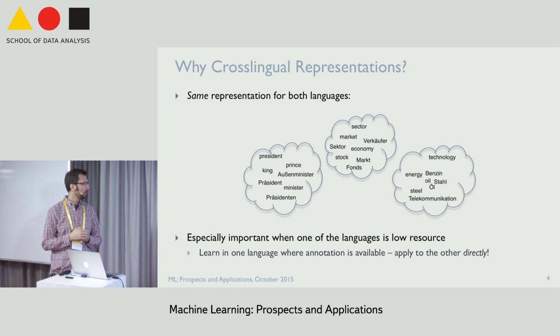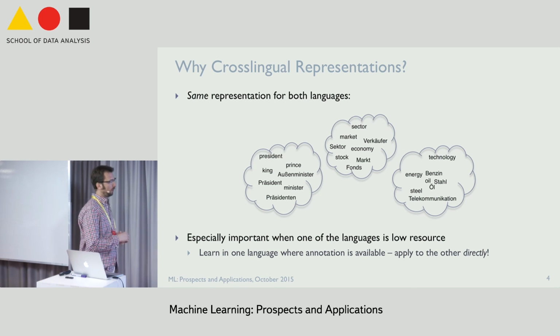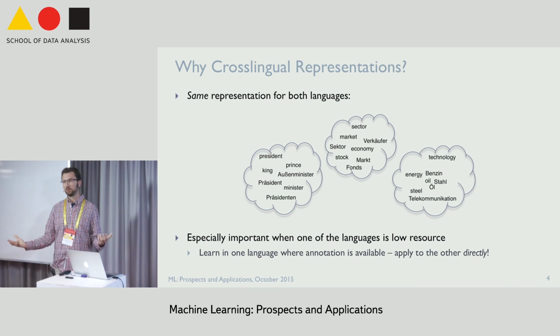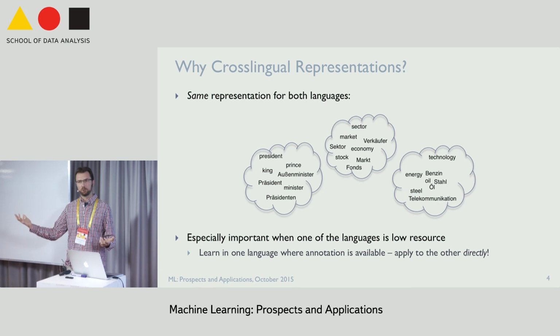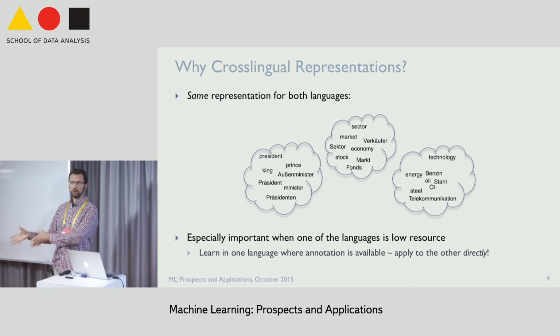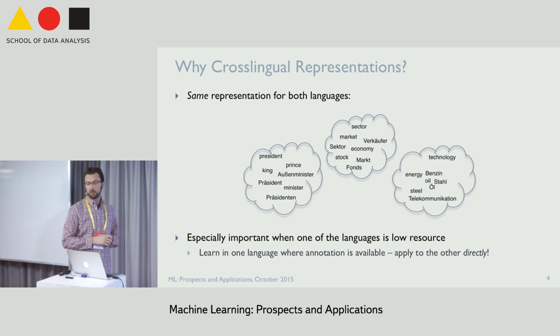One reason why you would want to do that is when you have two languages and one of those languages has annotated data for a particular learning task and the other has no annotations. Imagine you can train in the first language and then directly apply your classifier to the same classification problem in the second language where you have no annotated data.